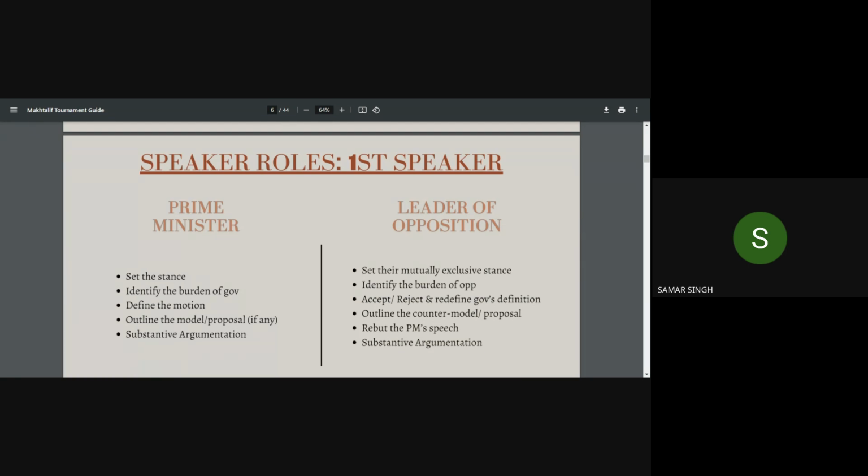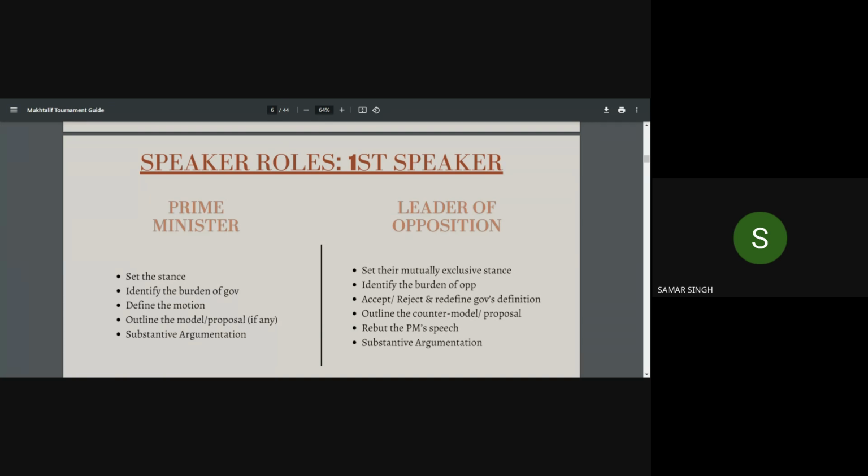So that is why if you have a lot of doubts when answering a POI and you know that maybe your teammates will be able to answer it well, you can simply say that my subsequent speaker will answer it. So let's say you do say it. Now the Leader of Opposition is speaking, giving their speech. While they are speaking, you now have a prep opportunity to talk to your team and discuss what should be a better answer to that POI.